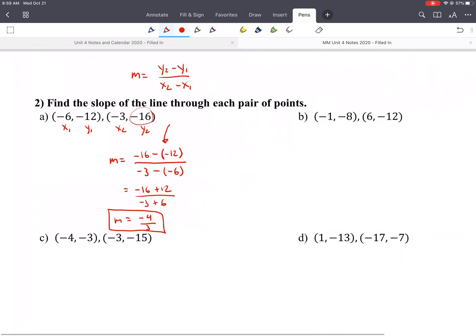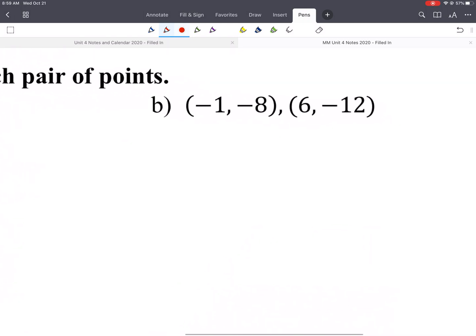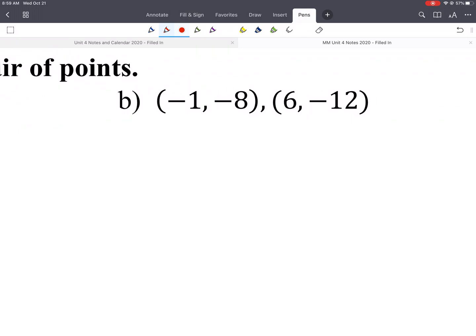Okay, I like to do it that way. I know that some students will write something like 6 and negative 12 underneath, and then they just subtract that way, which is okay as long as you're very careful with doing that.